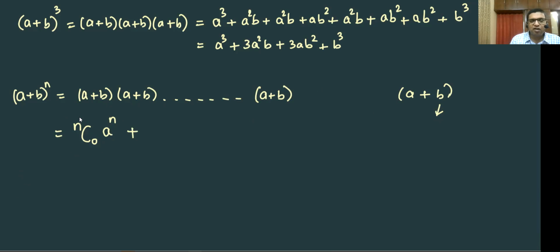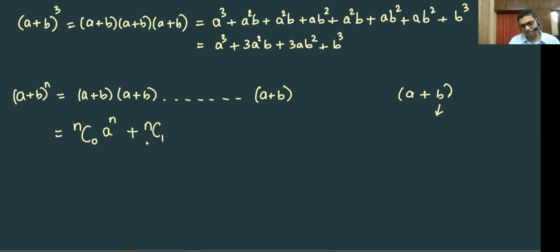Next, in how many ways can I select one factor from the n factors from which I select b? From the n factors, I will select any one of the factors from where I'll select b.